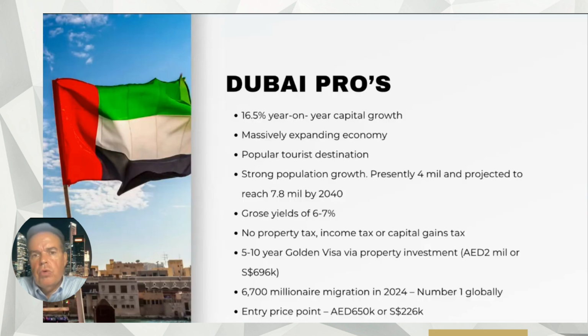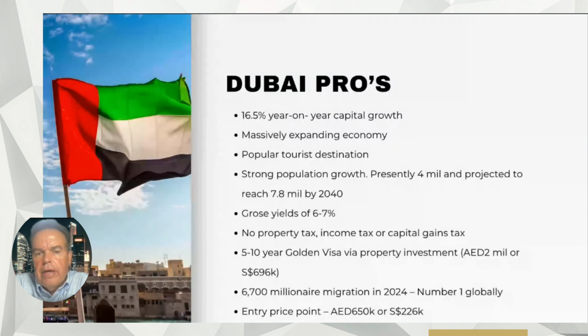So what's happened in Dubai recently? Well, what we've seen with these government initiatives, particularly things like the golden visa, which is now obtainable by buying a property of 2 million dirham, about just under 700,000 Singapore dollars, can get you a golden visa for 10 years.